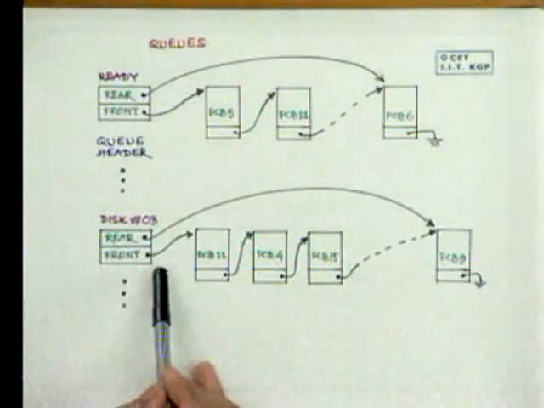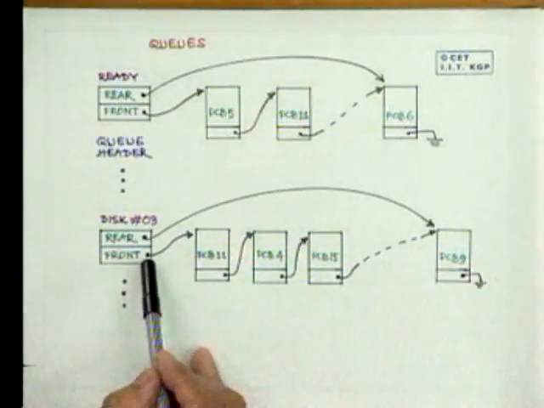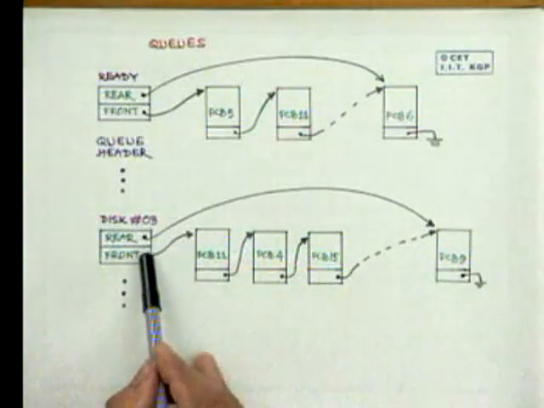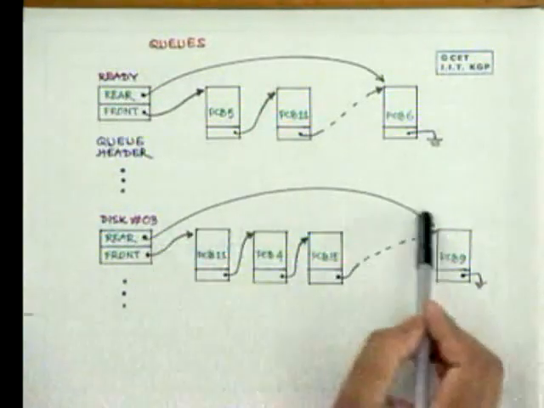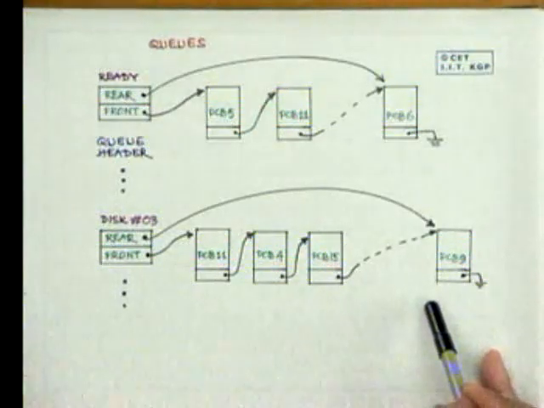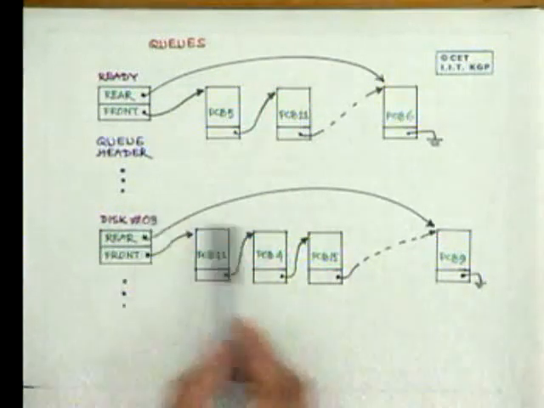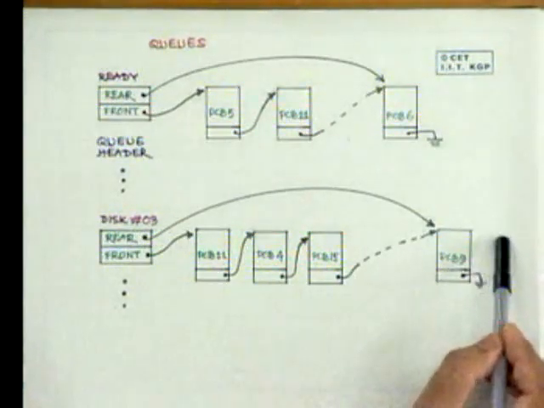Similarly, this is a linked list for an I/O wait, say for disk number 03. This is the front of the linked list and this is the rear. Any other process that gets blocked because disk 03 is busy will be linked to this list.